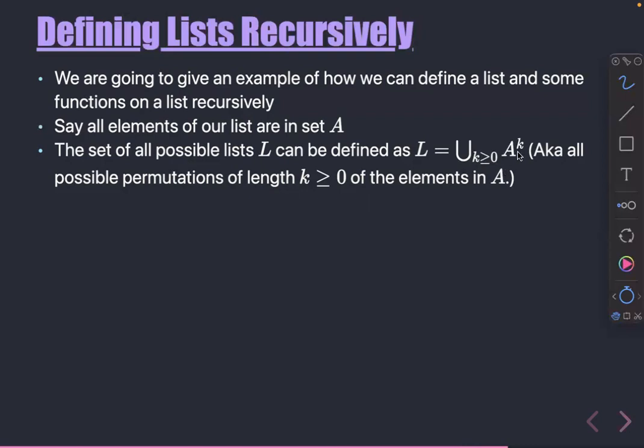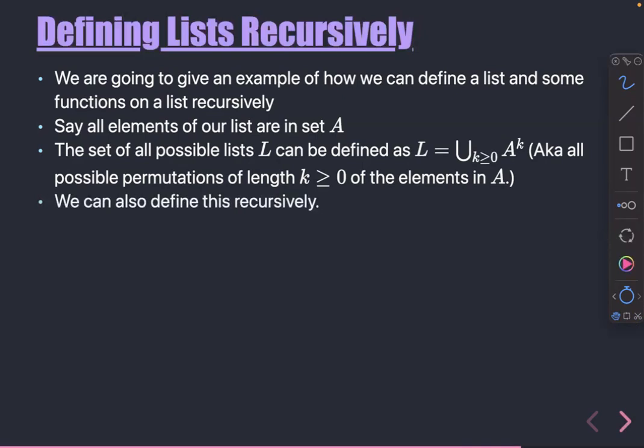Basically, it's the union of A to the K. So all possible orderings of elements of A, and it could be of all different lengths. The length is bound by some K, and we're just saying K is greater than or equal to 0.